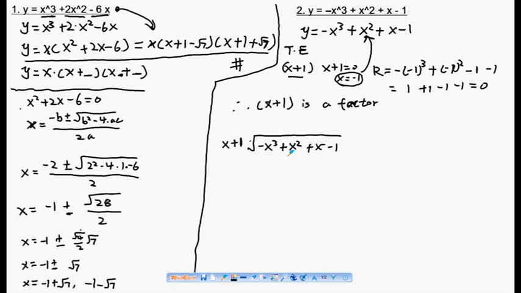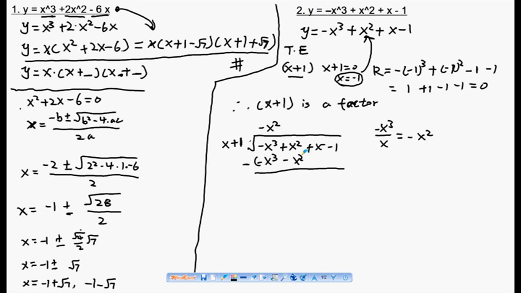Minus x cubed divided by x is minus x squared, and minus x squared times the factor is minus x cubed minus x squared.